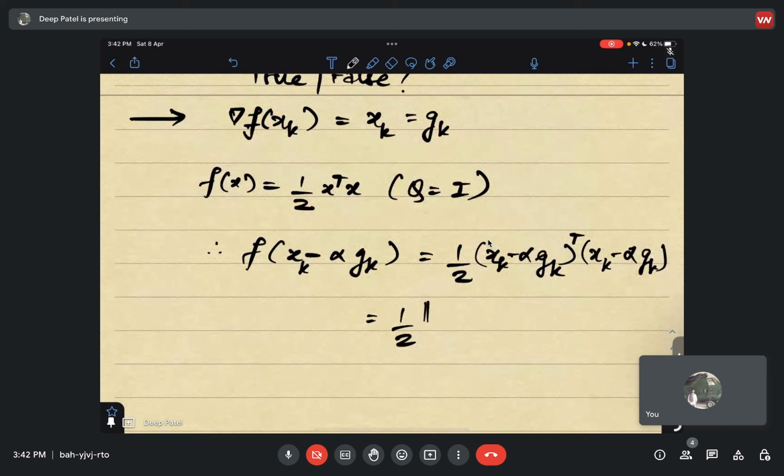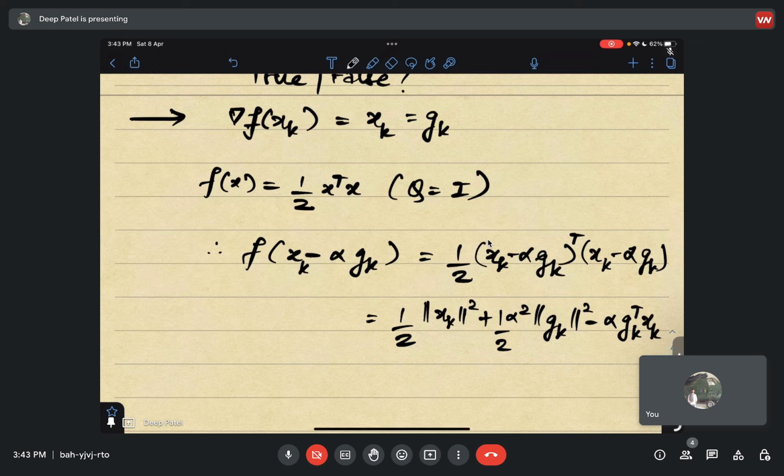It will be xk transpose xk, the norm squared, minus alpha gk transpose xk, plus one more term.